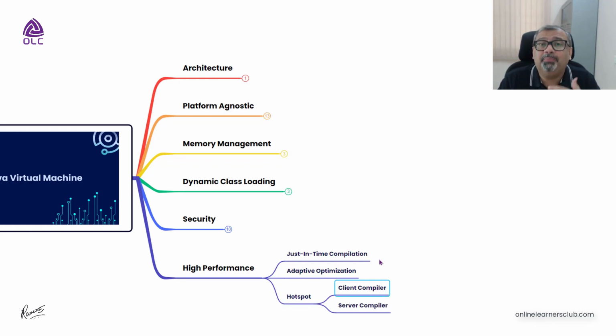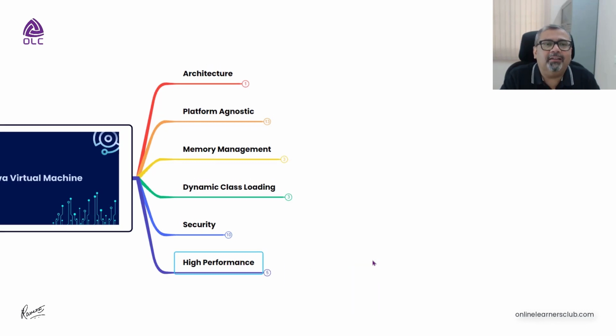One is for client applications, which is the client compiler, and there are certain optimizations for server side compilation as well. For example, if you are deploying a web application in a Java environment, yes, we have an option to use the server side compiler, where it internally optimizes for compiling the code which runs in a server side environment. So these are some of the important features that we explored in this particular chapter.